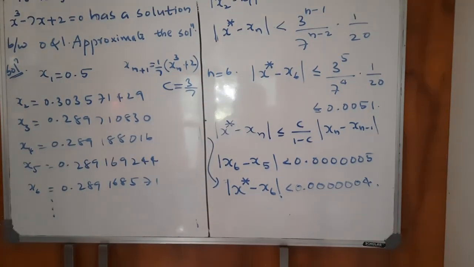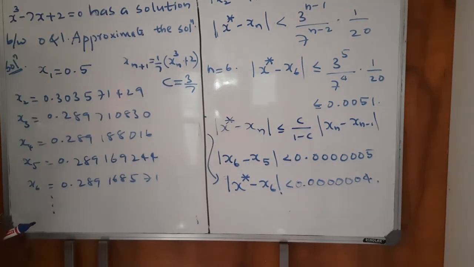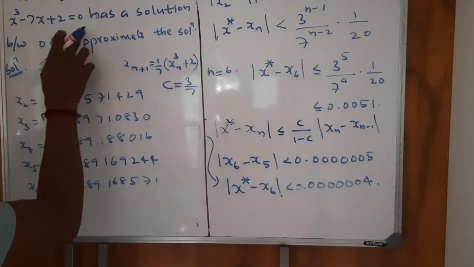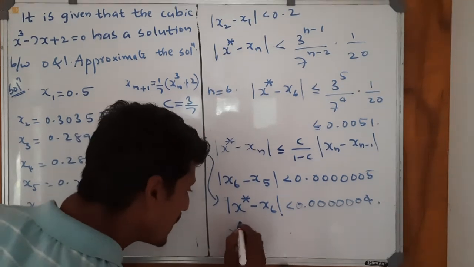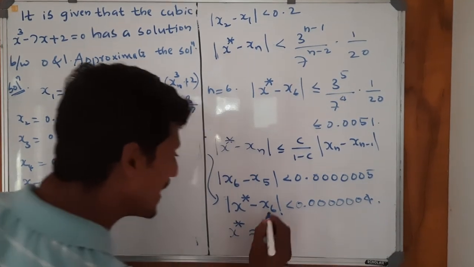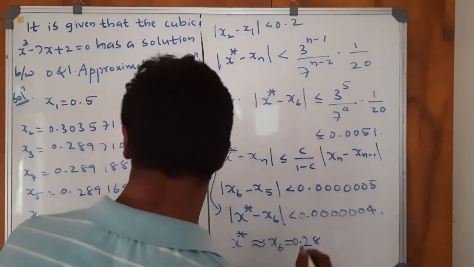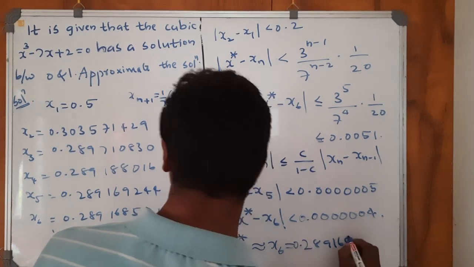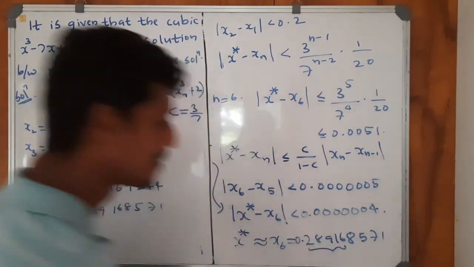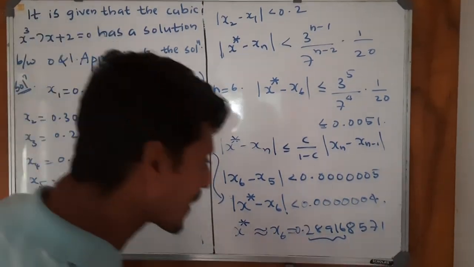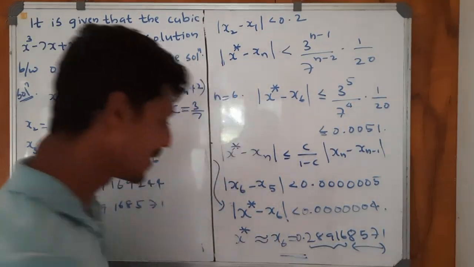That means this x6 approximates the first 5 decimals of the limit. That means the root of this given polynomial equation is approximately equal to x6, which was 0.289168571, where the first 5 decimals are accurate and the error happens after the first 5 decimals. So this is the solution.